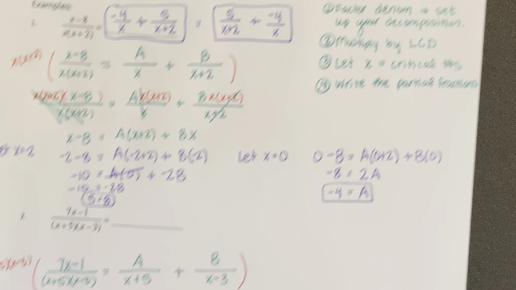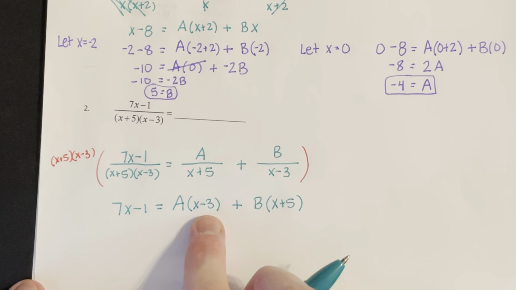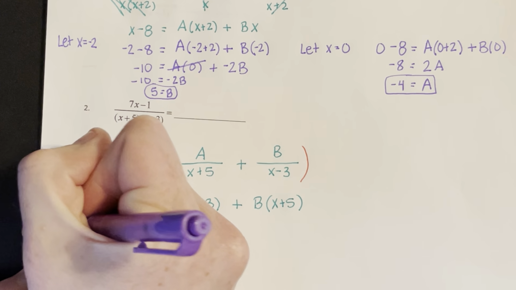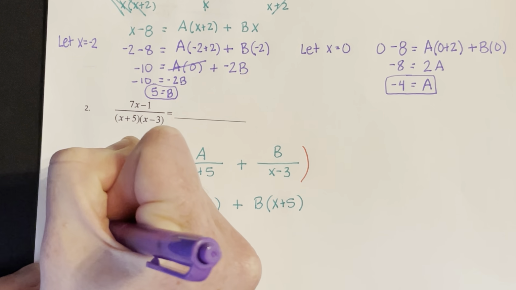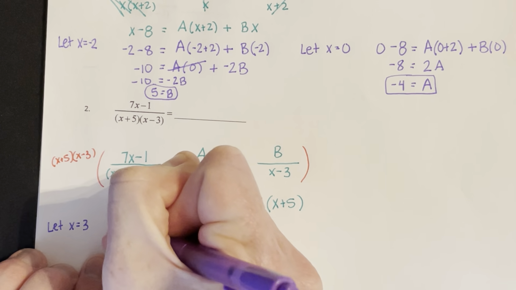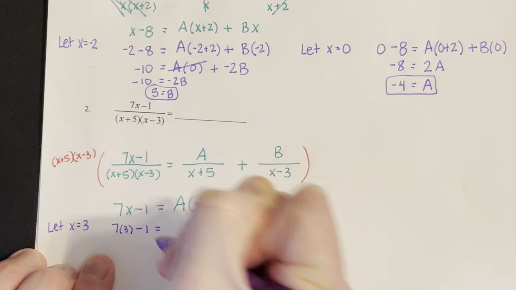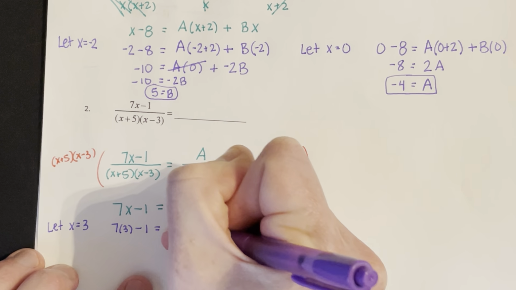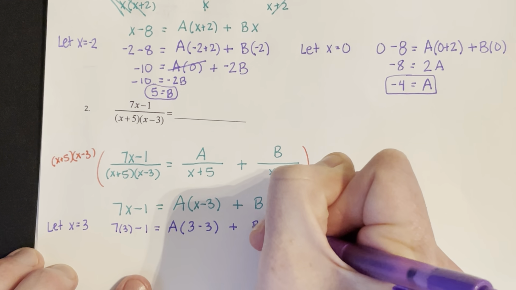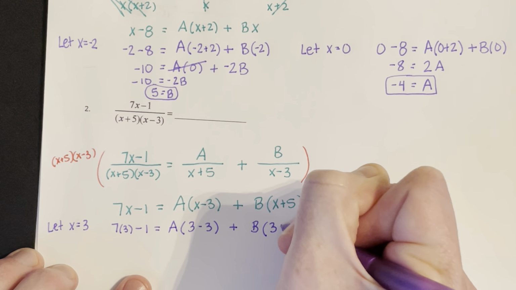Okay, so if x is, let's say 3, then that would say 7 times 3 minus 1 equals a times 3 minus 3 plus b times 3 plus 5.